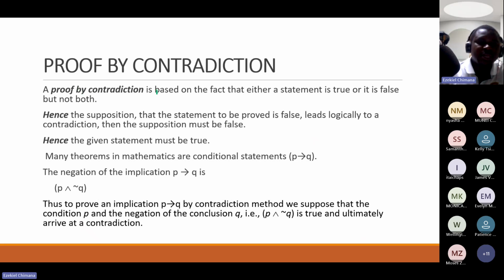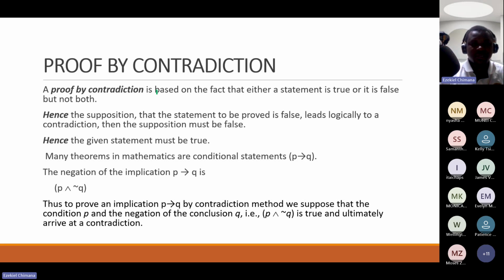A proof by contradiction is based on the fact that either a statement is true or it is false, but not both. If you're saying the statement is either true or false, it cannot be both. So in proving by contradiction, the supposition that the statement to be proved is false leads to a logical contradiction, then the supposition must be false.